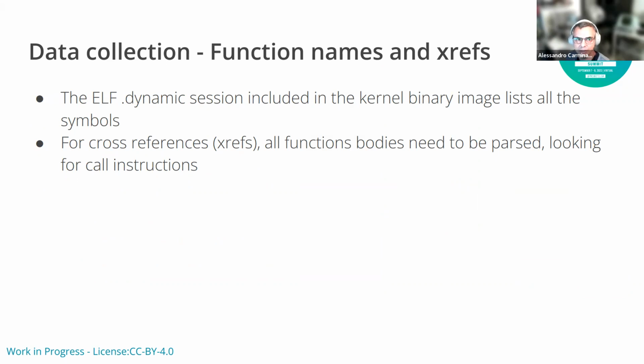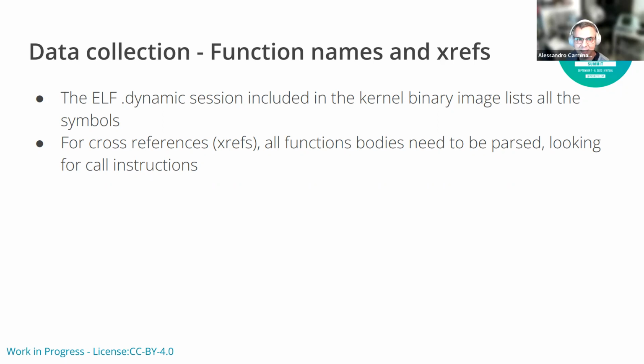Let's see into details how this data collection is done. Here is the function names and cross-references gathering. In an ELF packed binary, as the Linux kernel image is, the ELF header carries a lot of useful information. Symbol list is exported using the ELF .symtab section.